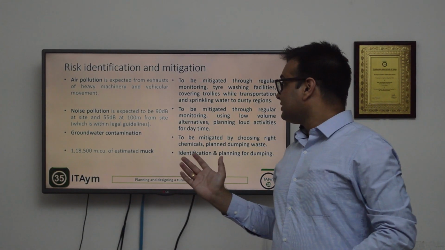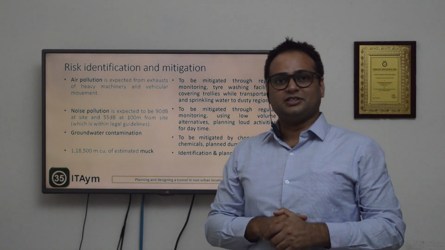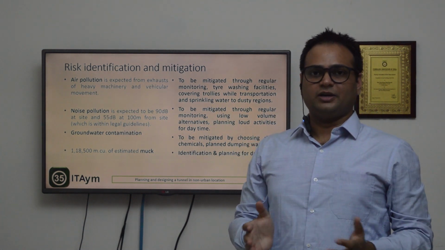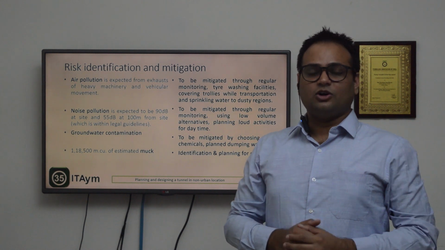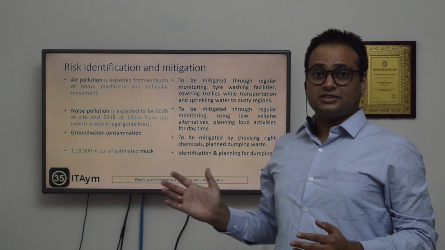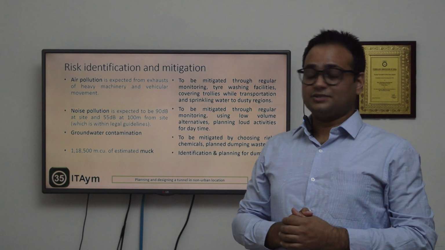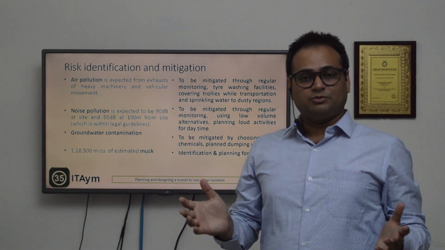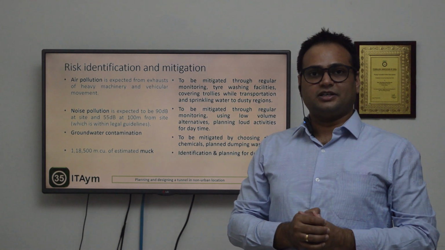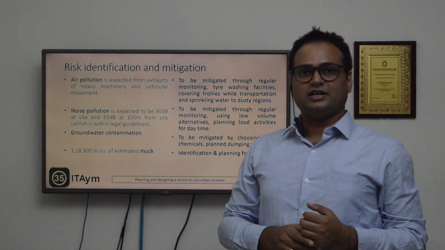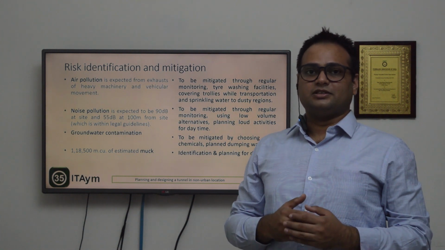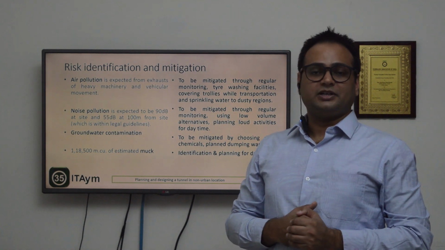Moving on to the risk identification and the mitigation measures of this project. Since we are not in an urban environment, we don't have to worry about surface settlements. Although we have other risks associated with this region, like air pollution. All the pollution generated through the construction activities and the movement of machinery and vehicles has to be mitigated.